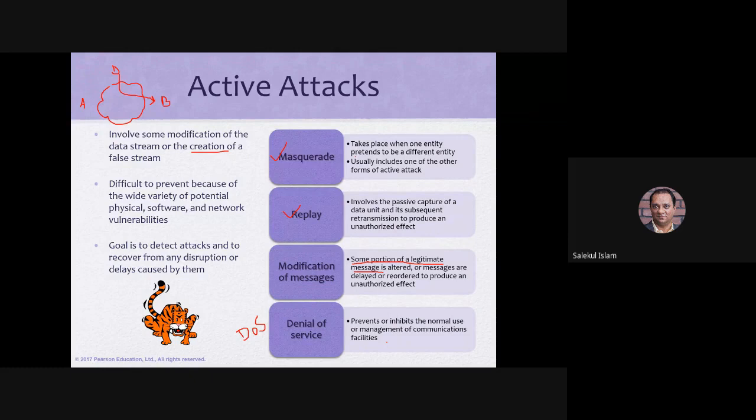And that's why you cannot reach the web server. Remember that the web server is running, it's fine, but you cannot reach it. So that is also one kind of denial, right? Disruption. So that is known as denial of service attack.